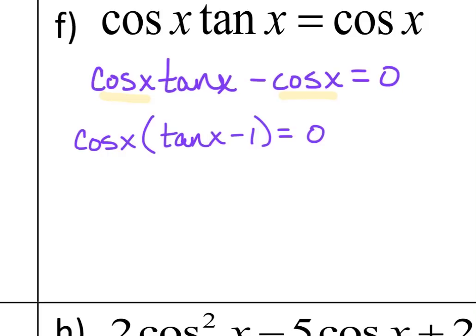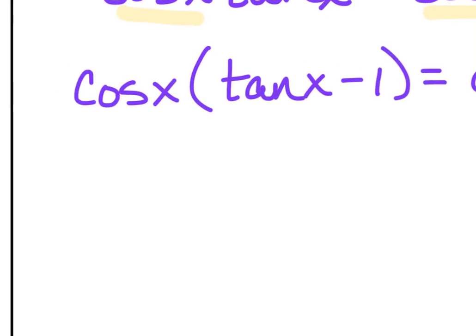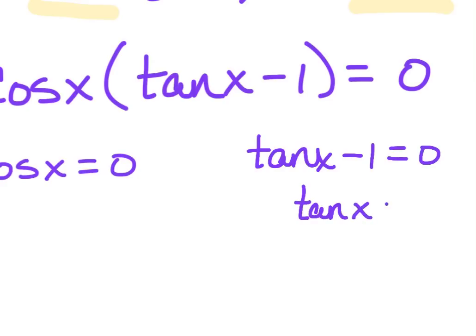And now this problem looks a lot like the problem before it, and you're going to set both cosine of x equal to 0 and tangent x minus 1 equals 0, so that tangent of x equals 1.